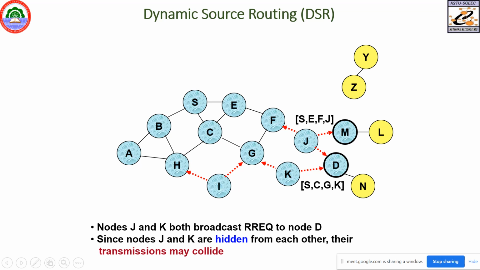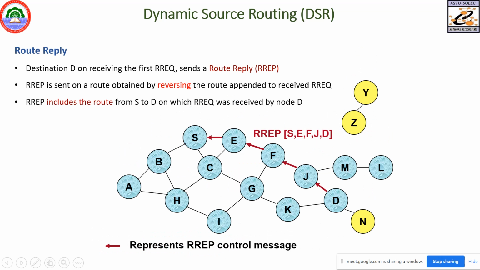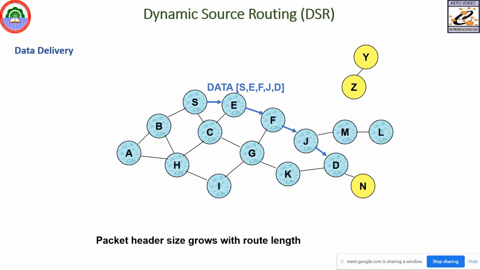The path chosen is the one from where the route request arrived first. Let us assume that node J delivered the route request first, then K; then this path will be selected to get the reply. So node D replies through the channel S E F J D, sending the route reply in the reverse path.